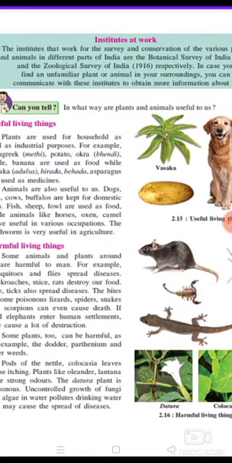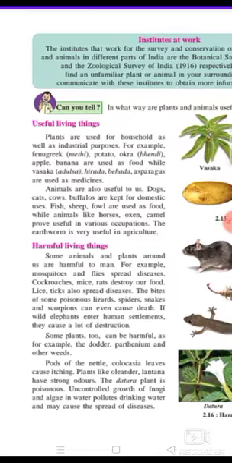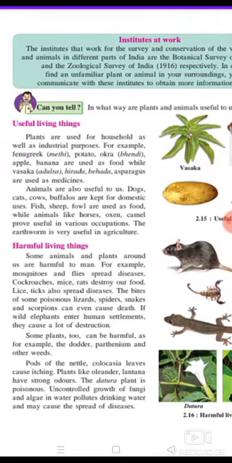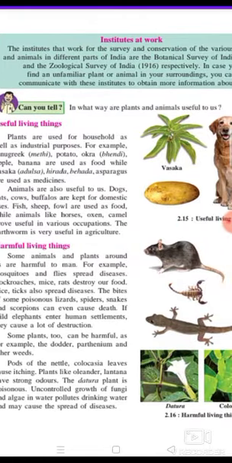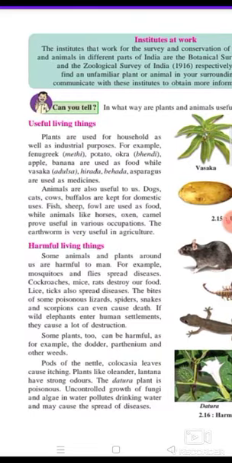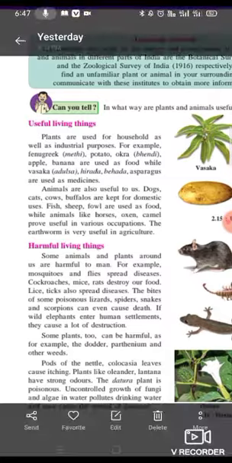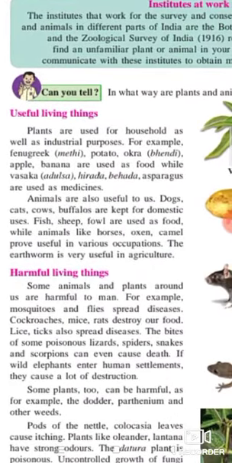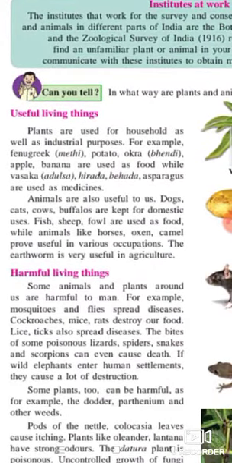Okay, got it, students? Okay, so next we will see, can you tell in what way plants and animals are useful to us? First, I will read out the paragraph. Plants are used for household as well as industrial purposes. For example, fenugreek, potato, okra.